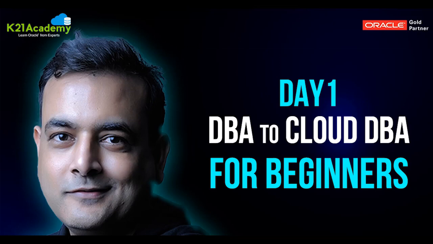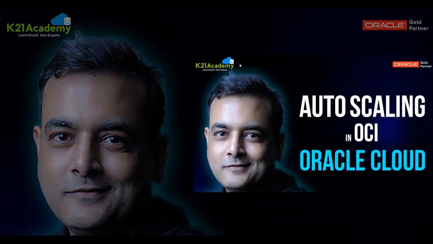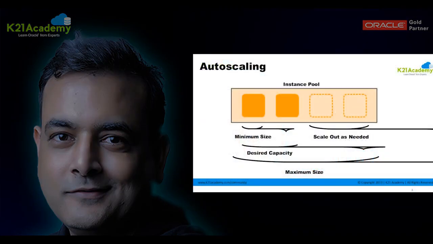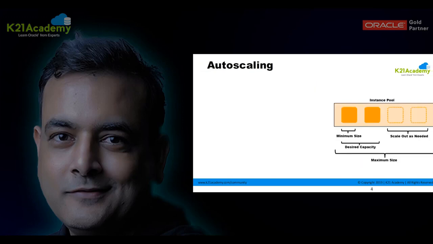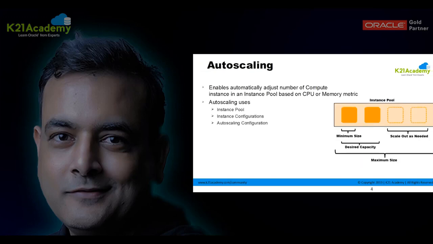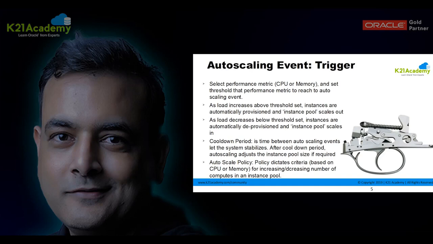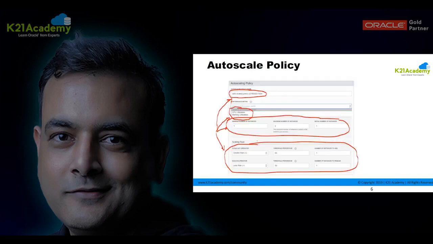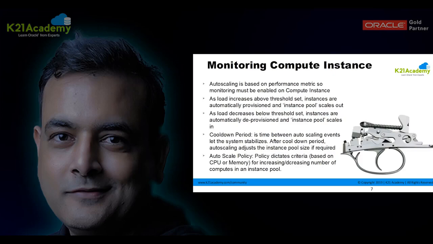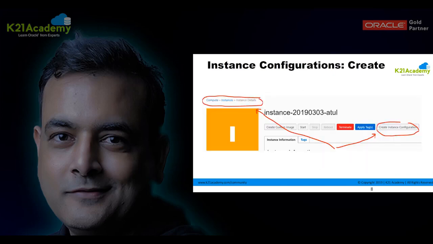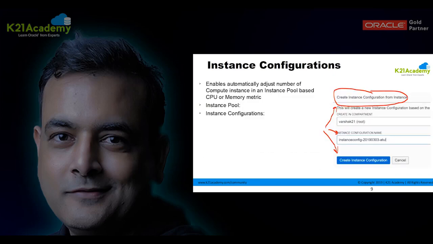So for next week, I'm going to talk about a very exciting feature that Oracle introduced recently in Oracle Cloud Infrastructure, that's auto scaling, where a new compute instance can automatically be provisioned or deprovisioned as load on the server increases or decreases. And the most exciting part is that this feature is also available for E-Business Suite R12 running on OCI. So if you're an apps DBA and you have deployed E-Business Suite R12 on OCI, then you can leverage this auto scaling feature.